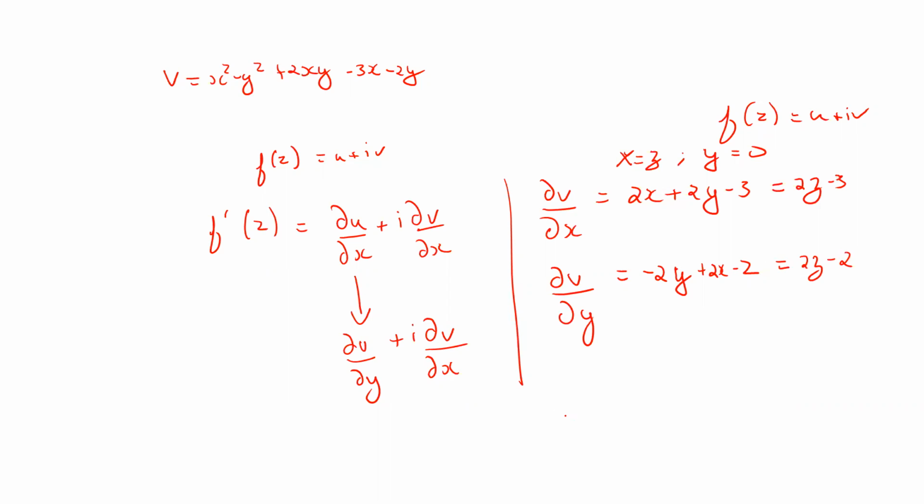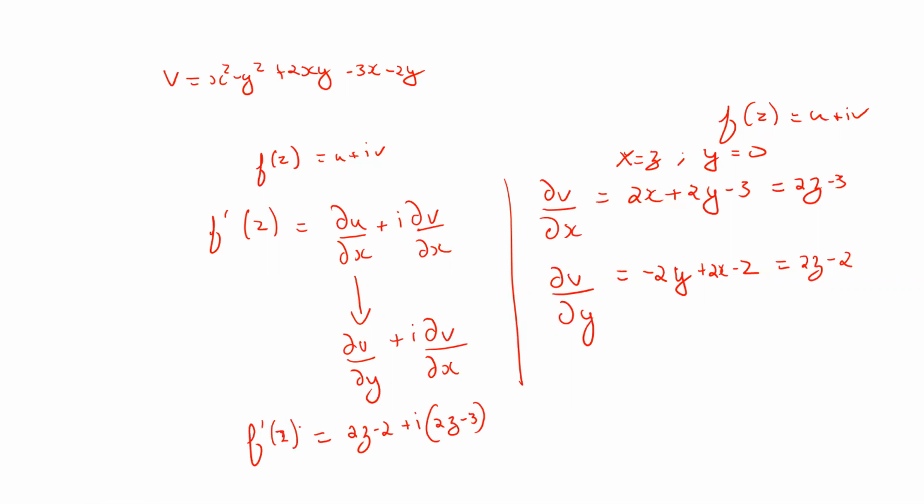We just substitute these values in the equation and obtain f prime of z, which is 2z minus 2 as the real part, plus i times 2z minus 3 as the imaginary part. So this is f prime of z.